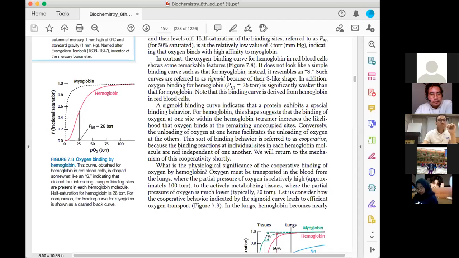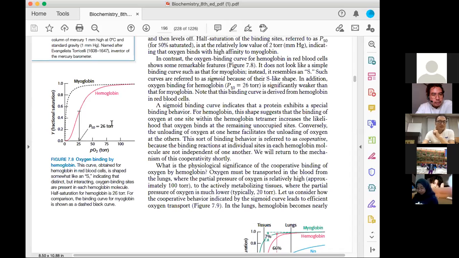So you see that hemoglobin binding oxygen is actually related to the oxygen concentration. When oxygen concentration is high, it binds; where oxygen concentration is low, it tends to release. But you must especially note that it is not a straight line. Why is it not a straight line? Because its binding mode is called cooperative binding. If you look at the curve, this is not a linear relationship between the oxygen concentration in your environment and how much oxygen is going to occupy the hemoglobin.